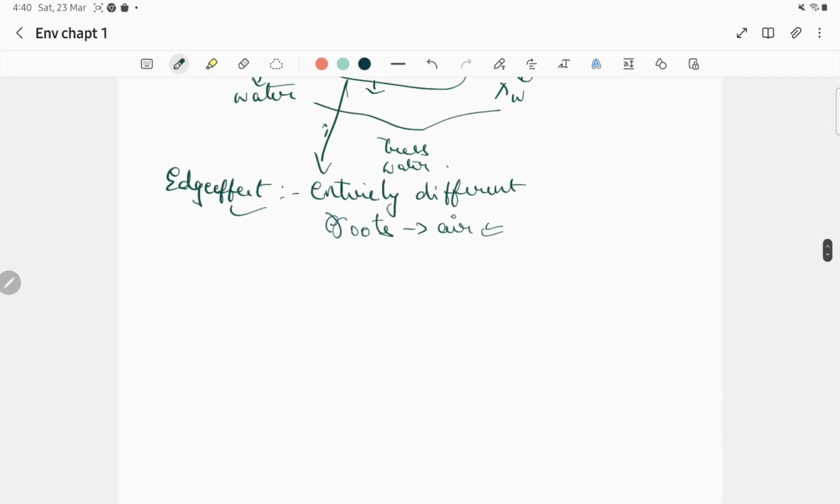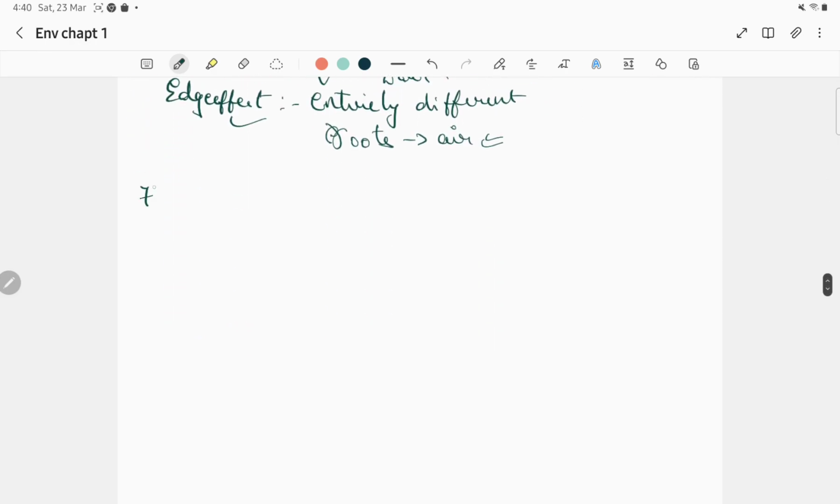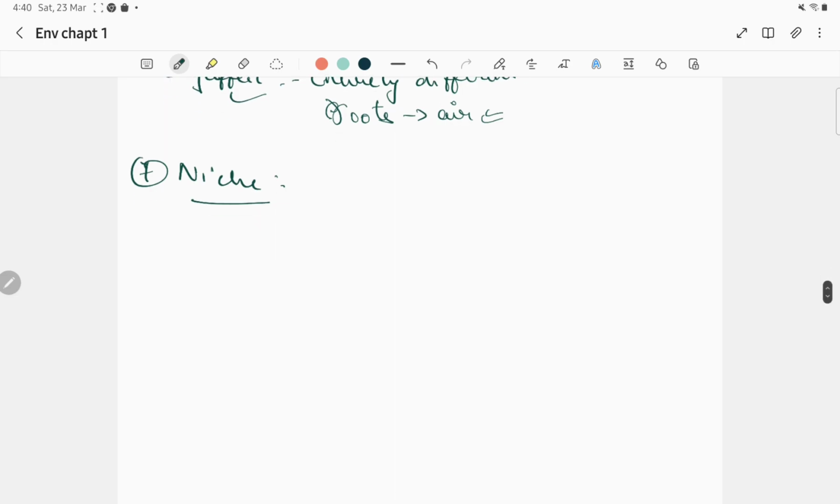Next one is niche. This is the seventh one. Niche is the term for the position of a species within an ecosystem. This is specifically where an ecological species will stay. Next one is biomes.